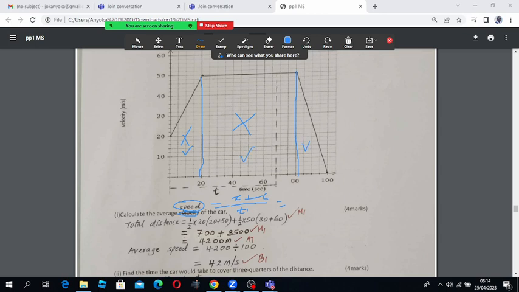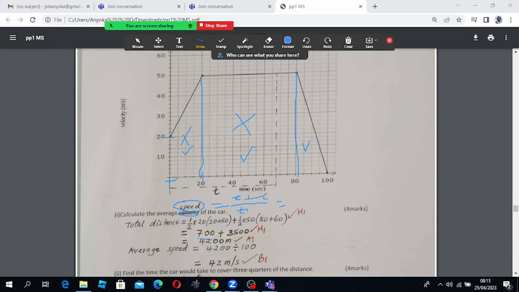So the area of the trapezium is, you can decide whichever way you will treat it. Like now, this trapezium, it is 20 plus 50 times the interval, which is 20, over 2, which gives us 700.